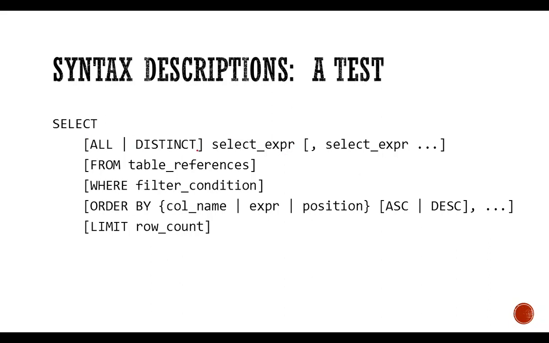Well, you can say distinct, or you can say all, or because it's all in square brackets, you can say neither. So that's a new piece of information for us, right? So if you keep looking down, you can follow those things and see that all of this is part of the syntax of the select command. And if you know that, you can write commands pretty effectively. You can get the syntax right a lot of the time by following the syntax description.